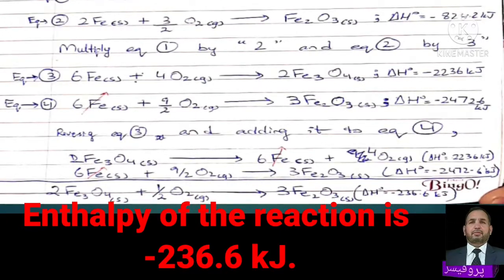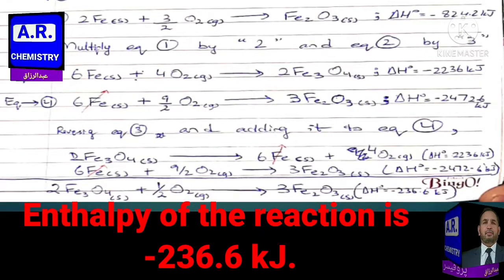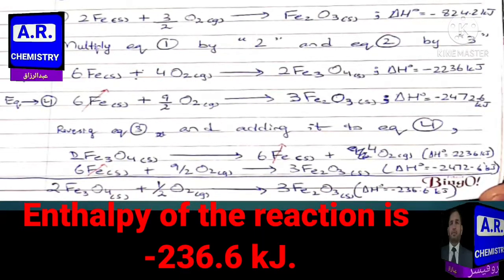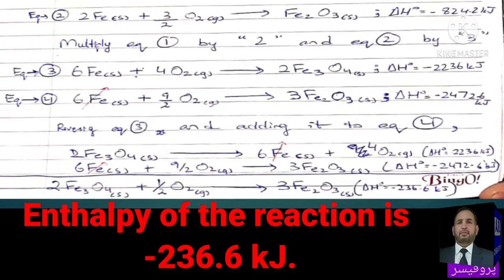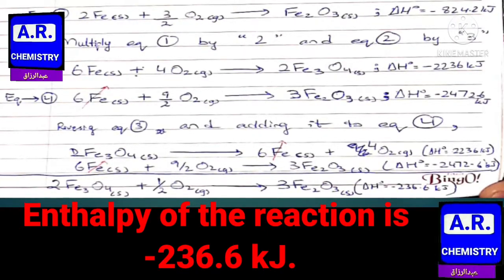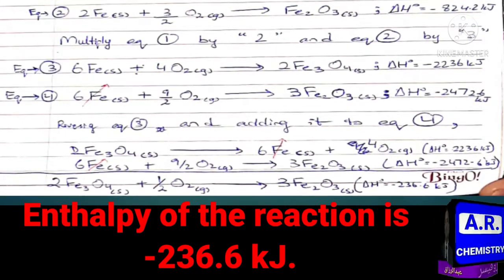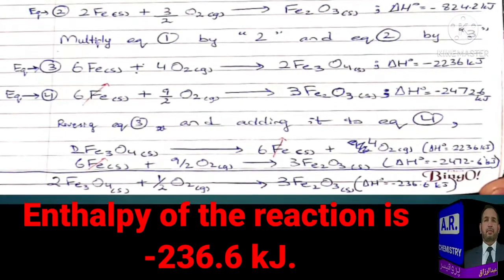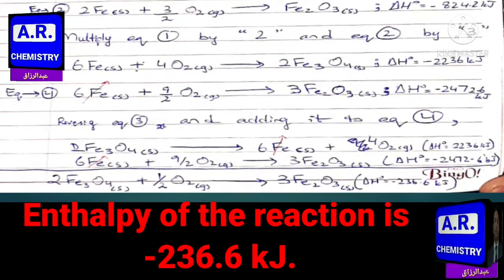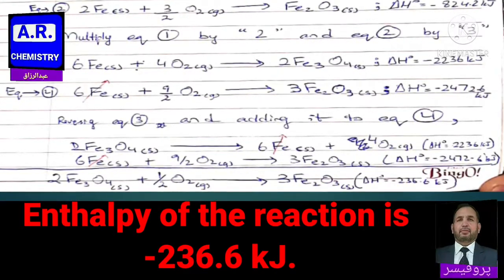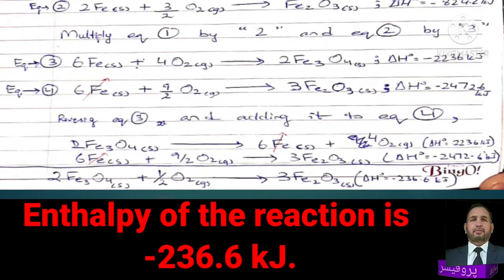So the main process is the same, the way you solved your two previous problems. Write the target or required equation, then write equations for the data that has been provided, and then addition, subtraction or reversing of the equations is carried out according to the demand of the question.